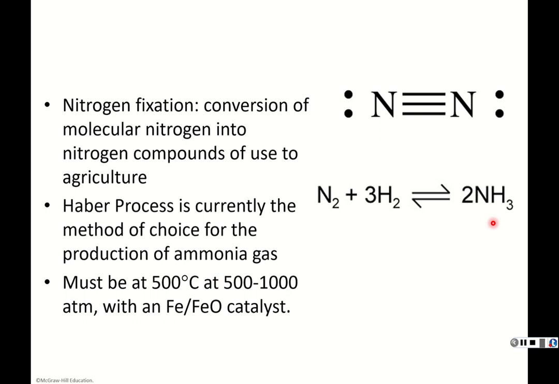Okay, it's not super easy, but it is a very effective method. And by developing this process, he really revolutionized this ability to create synthetic fertilizers, which increased crop production and food production a great deal.